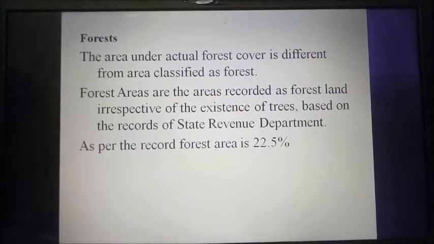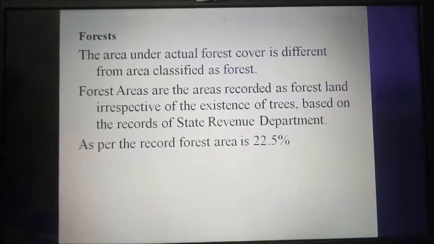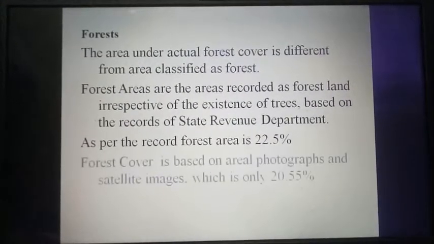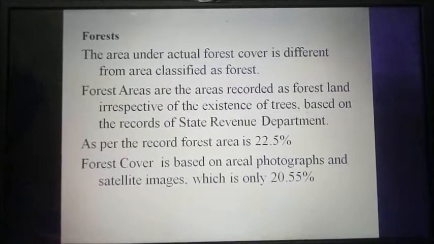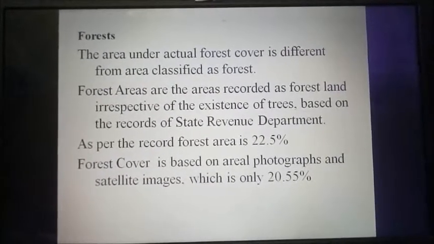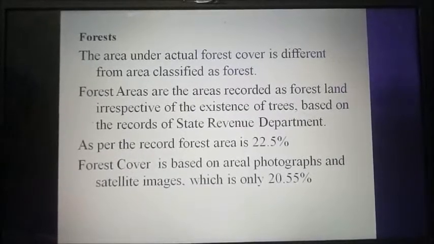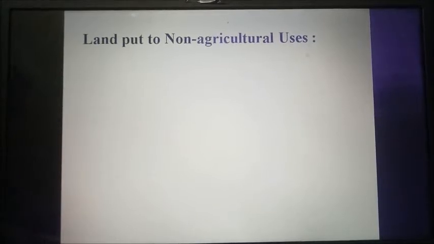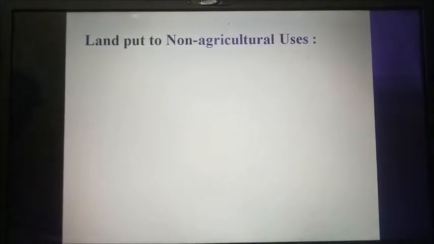As per the records, the forest area existing in India is 22.5%, whereas the forest cover is based on aerial photographs and satellite images, which is only 20.55% existing in India.